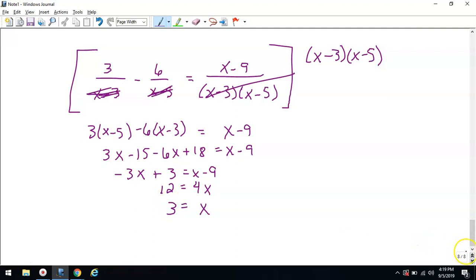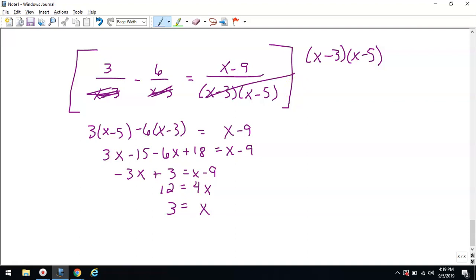Cool. I don't see that it's asking for domains and ranges, but I do not want us to forget that we need to look back at the original equation to see if x could actually be a solution.